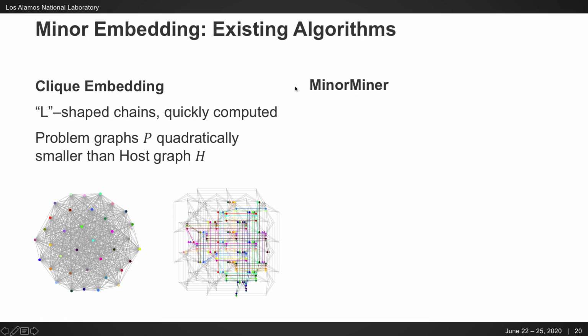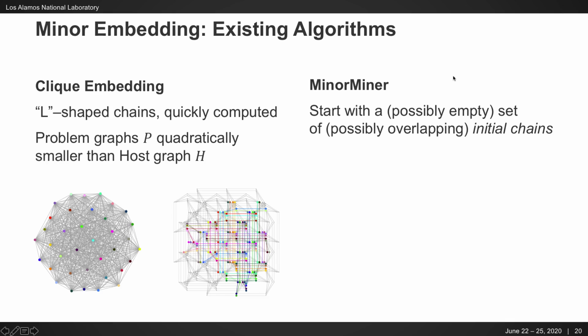Then D-Wave's heuristic MinorMiner works as follows. It starts with a possibly empty set of possibly overlapping initial chains. And then there are two phases.